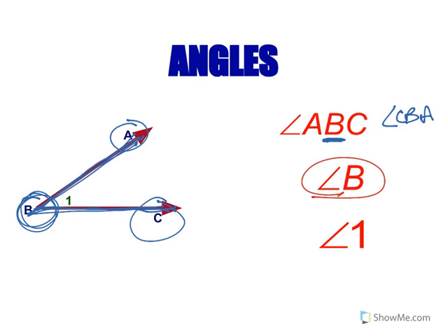And then sometimes they give us a name in the angle. Sometimes there's a little 1 inside the angle that says we could name that by angle 1. That doesn't happen a lot when we get to the point of working with triangles and things like that.